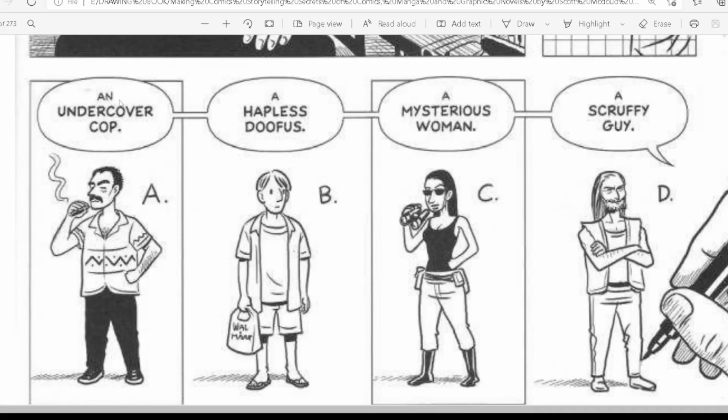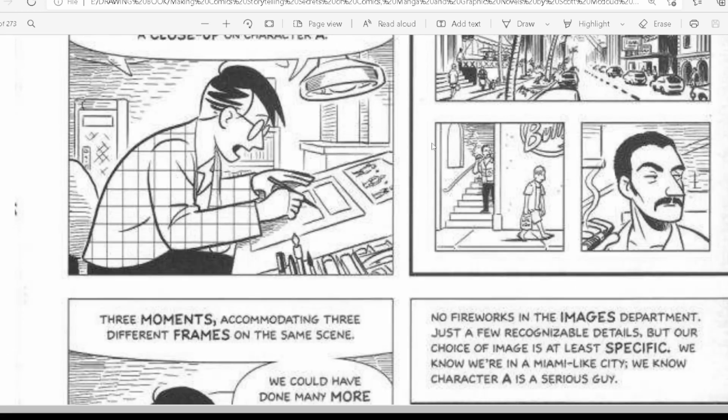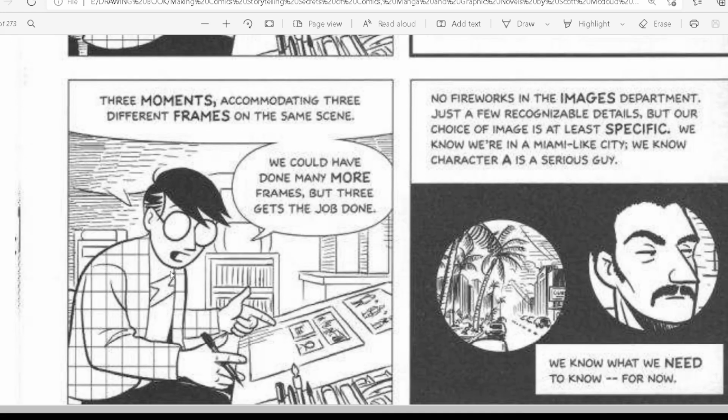A is an undercover cop and B a hapless doofus. Let's see what happened next. Three moments accommodating three different frames on the same scene.